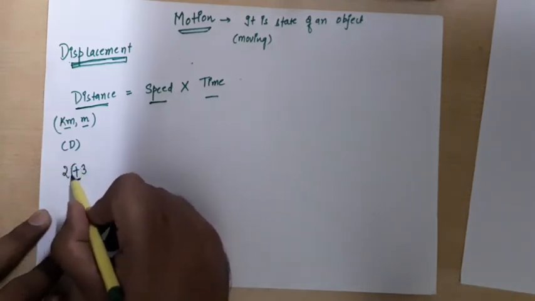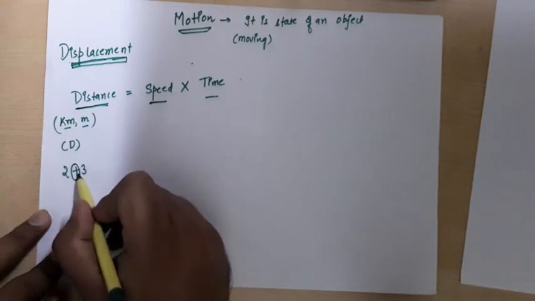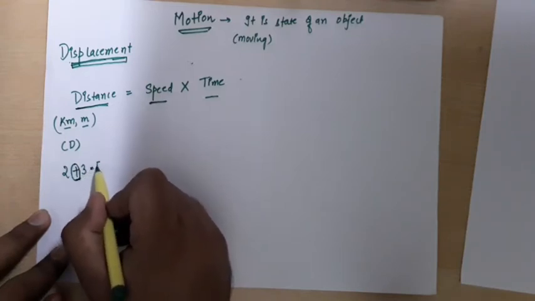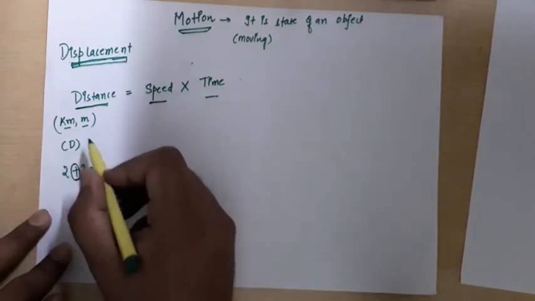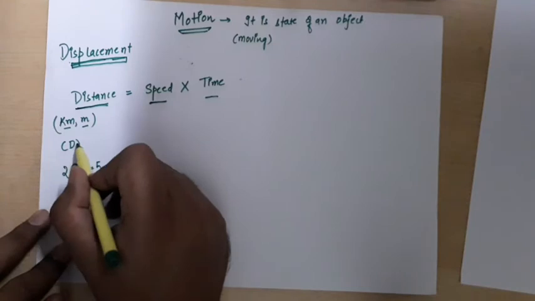We know the denoting sign of summation is plus, so we'll put 5. The equal sign is a sign for equality. Similarly this distance is denoted by D.